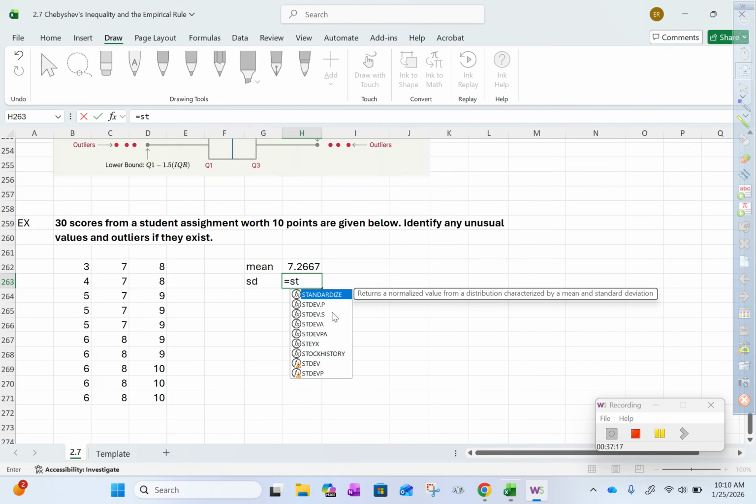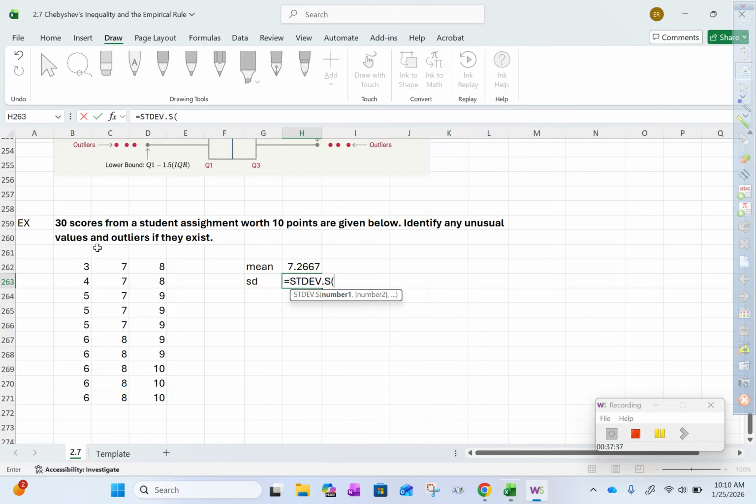In general, folks, we're going to use the sample standard deviation unless we are told otherwise, because it says 30 scores from a student assignment where 10 points are given below. Okay, based on that, it's 30 scores from an assignment. I don't know if that's all of the numbers or not, so we're going to err on the side of caution here and use the sample one, which just gives our standard deviation a little bit more wiggle room. It's a larger value compared to the population one.